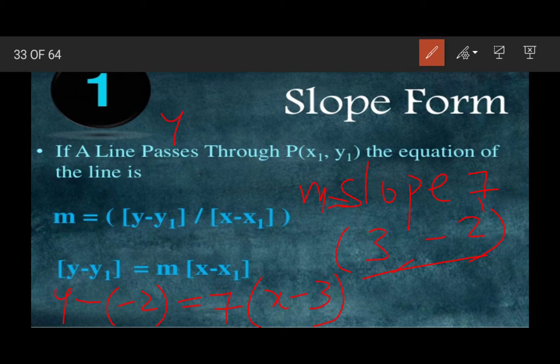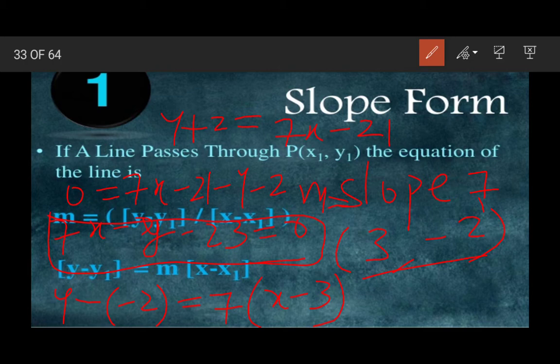That is y plus 2 equal to 7x minus 21. We take y and 2 to the right hand side, so we get 0 equal to 7x minus 21 minus y minus 2. That means 7x minus y minus 23 equal to 0. This is the equation of the line.